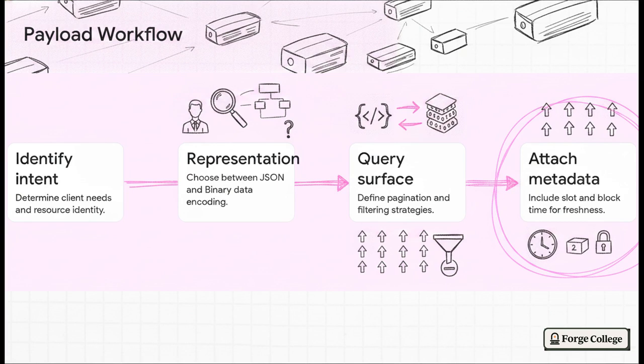Step 1, identify the client's intent and the resource identity. Step 2, choose your data representation. Are we talking JSON or binary? Step 3, define your query surface, which usually means figuring out your pagination strategy. And finally, Step 4, attach your metadata. Seriously, run every single endpoint you build through this exact loop, and you will save yourself endless debugging headaches down the line.